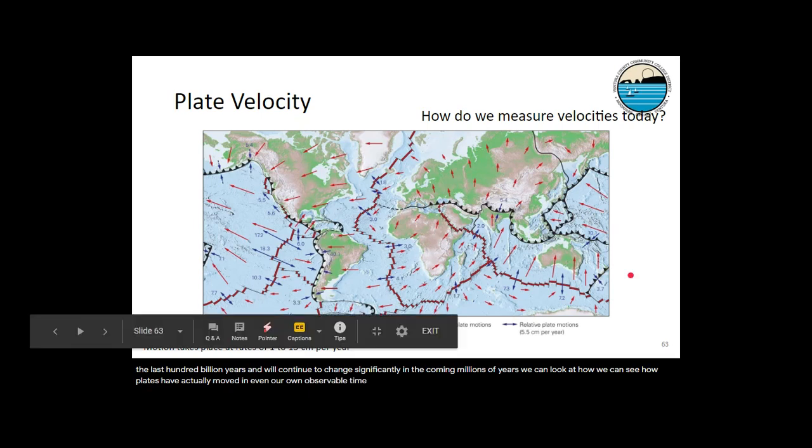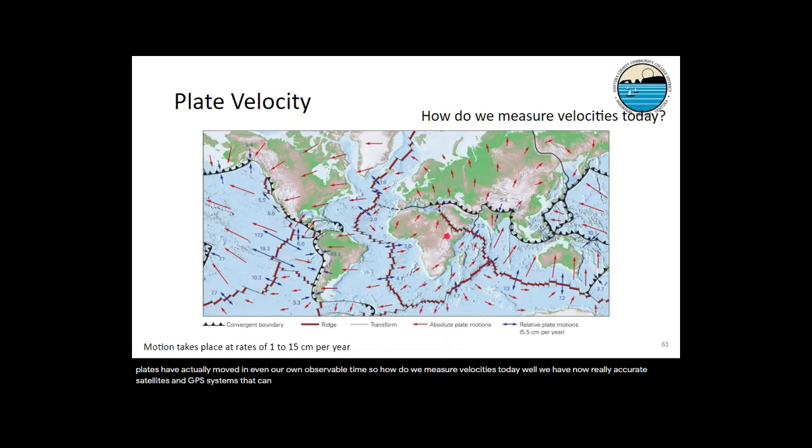So how do we measure velocities today? Well, we have now really accurate satellites and GPS systems that can measure plate movement. This map is really interesting because it shows the arrow direction of the plate, and the length of the arrow, or the length of the vector, shows that the longer it is, the faster it is.